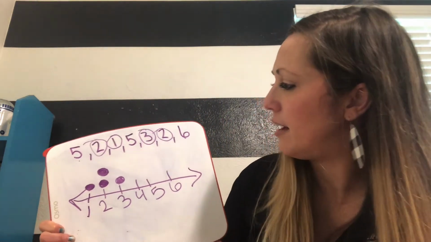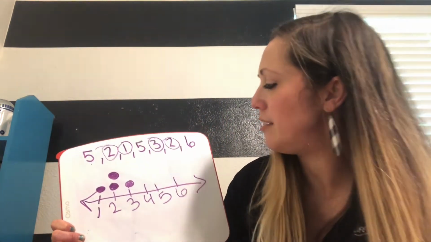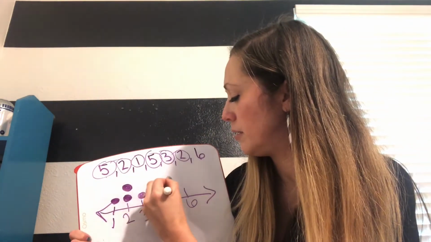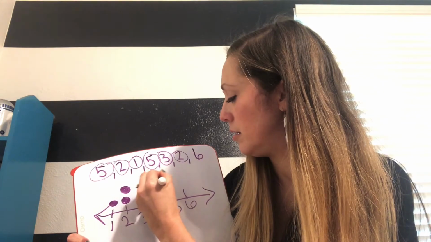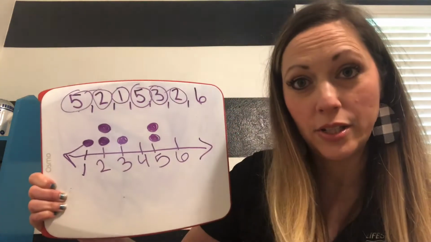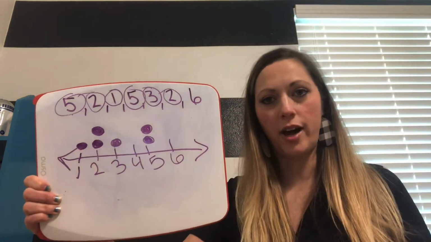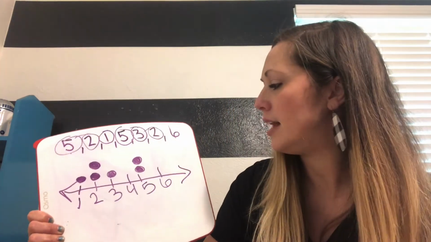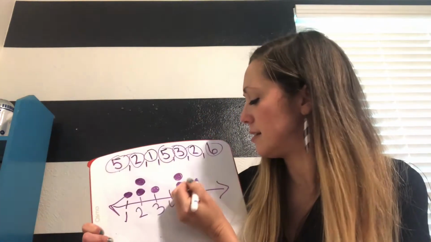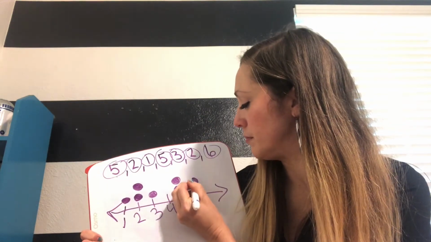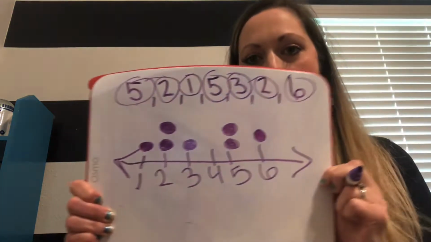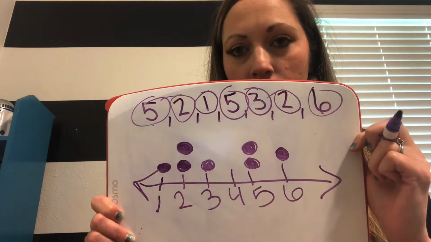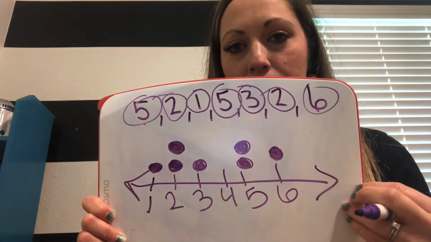And then I have 2 5s. 1, 2. So I'm going to put 2 dots to represent my 2 5s listed above in my set of data. And then I have 1 6. And that is how you would represent the data listed above on a dot plot.